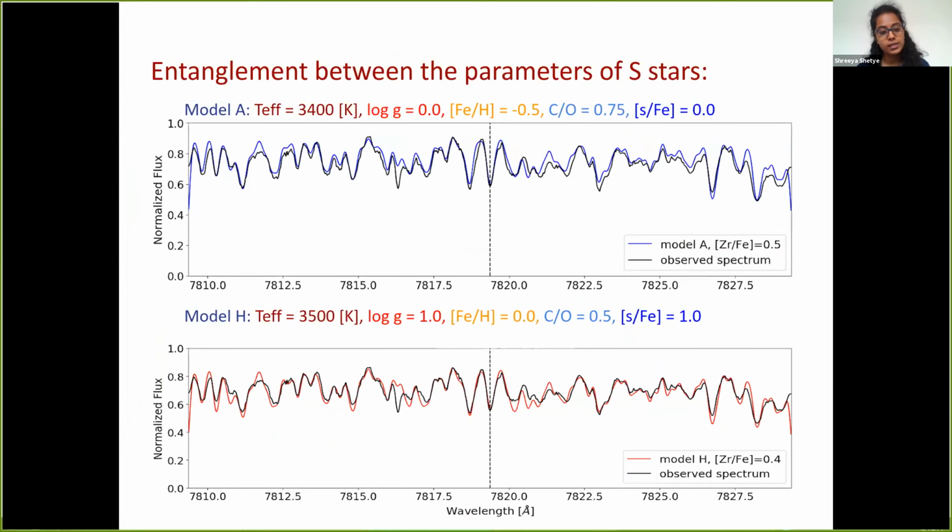The model atmospheres which I have used here are MARCS model atmospheres for S stars, because they have recently released special MARCS models for S-type stars, which go through a huge grid of different parameters, as I mentioned here, which are really important for these S stars.